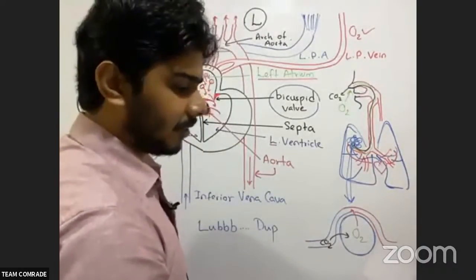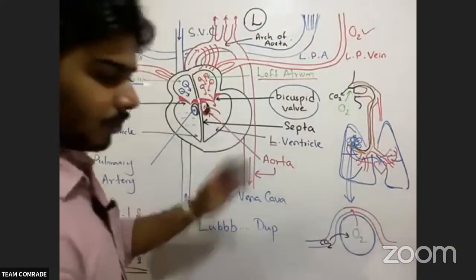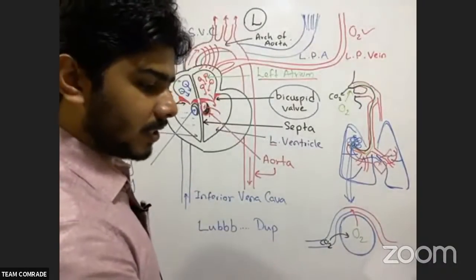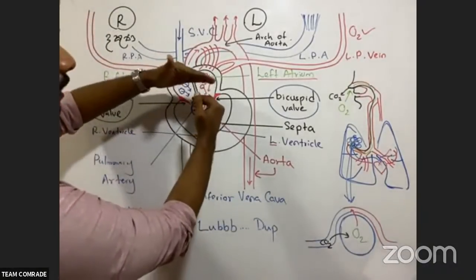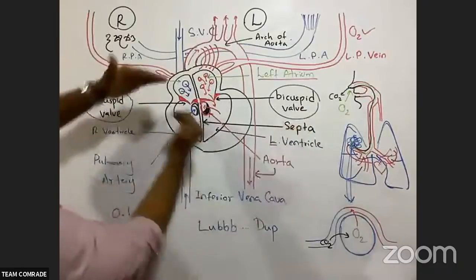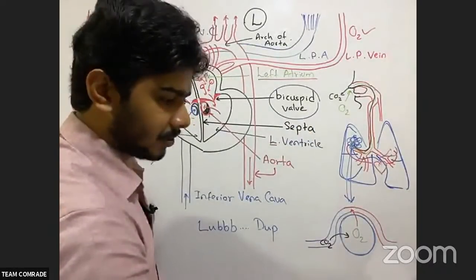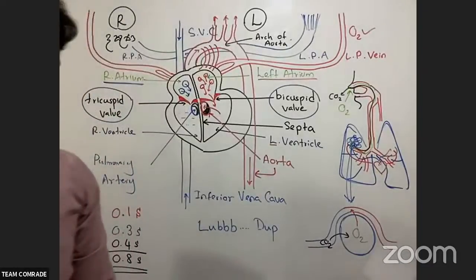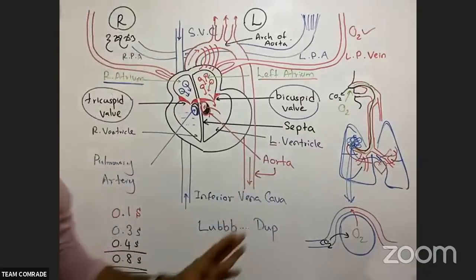So we have left atrium, left ventricle, right atrium, right ventricle, as I showed you. There are 2 valves in between the atria and the ventricles: for the left side that is the bicuspid valve, for the right side that is the tricuspid valve. There are 2 main arteries connected to the ventricles.